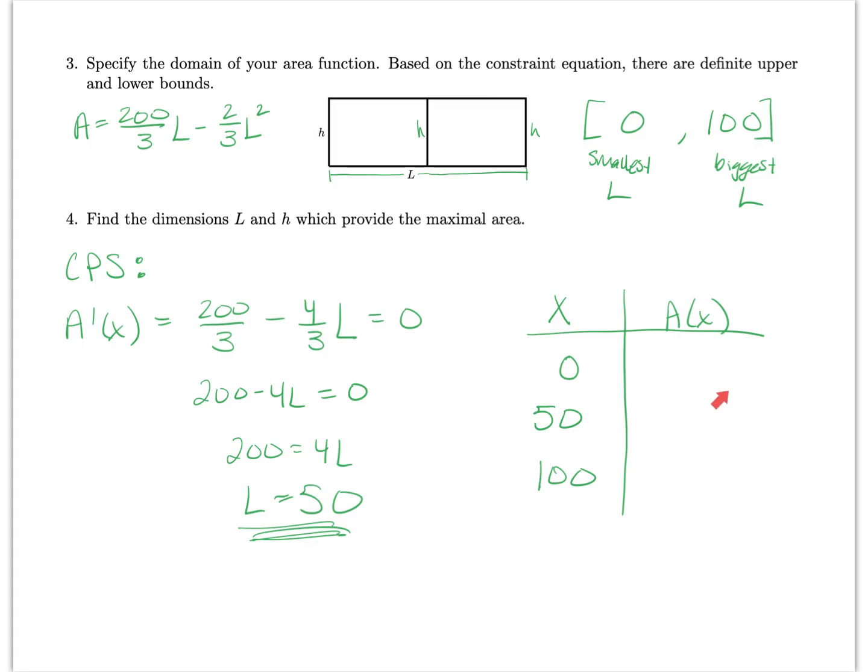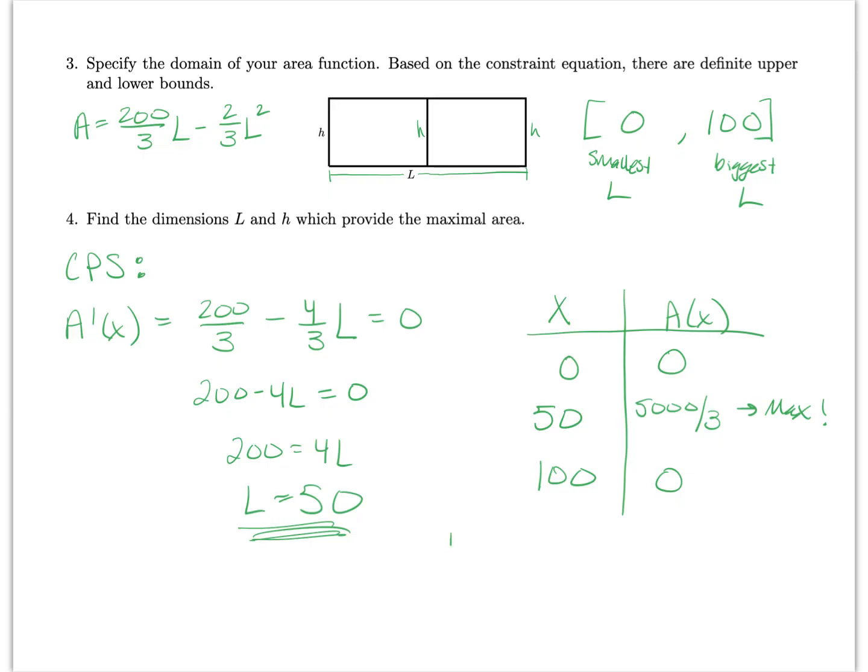So I'm going to pick the biggest one. If we put in a 0 for L, I get area is 0. And if I put in a 100, we also get 0. And if you put in 50 for L, you might need a calculator or write that out, but we get 5,000 thirds. So this is my maximum area.